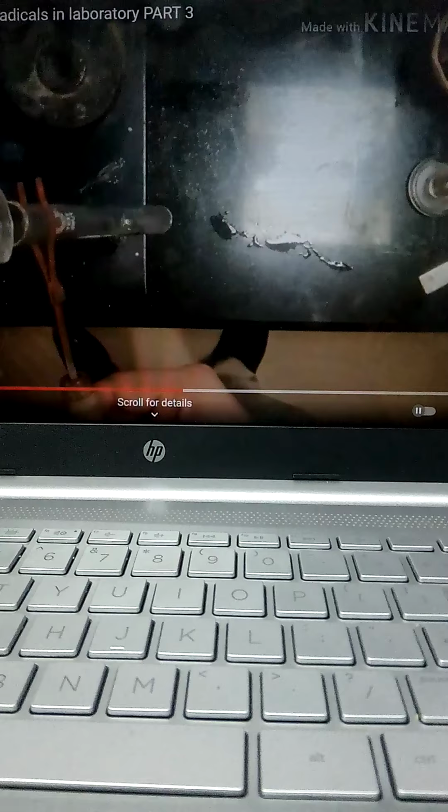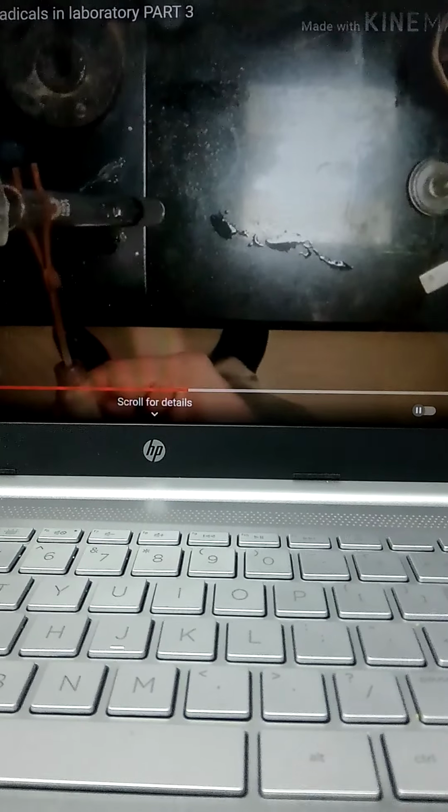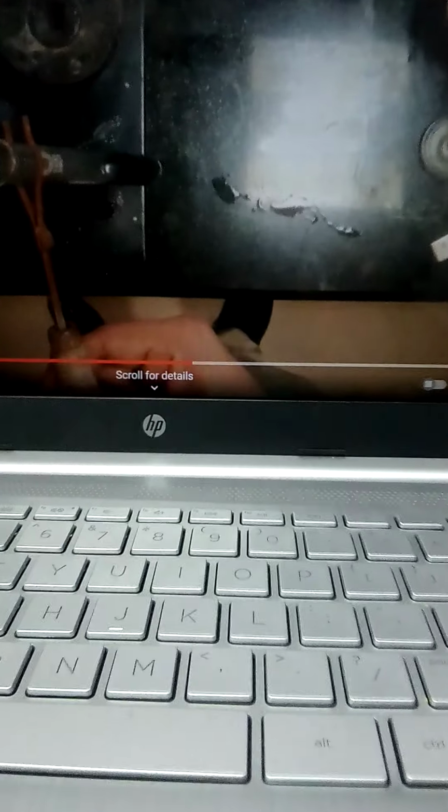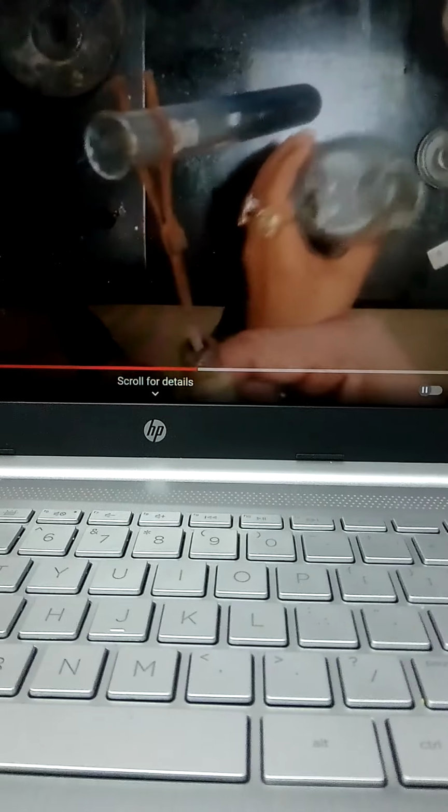So observe the changes. If you add excess of ammonium hydroxide solution, you will get a brown colored precipitate.